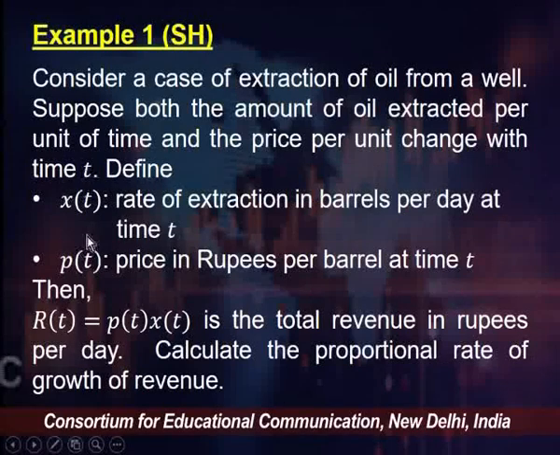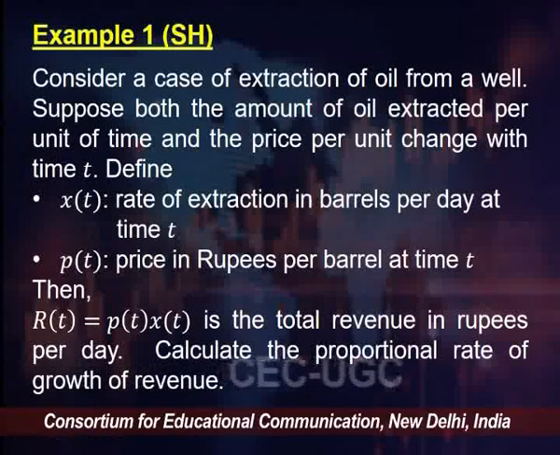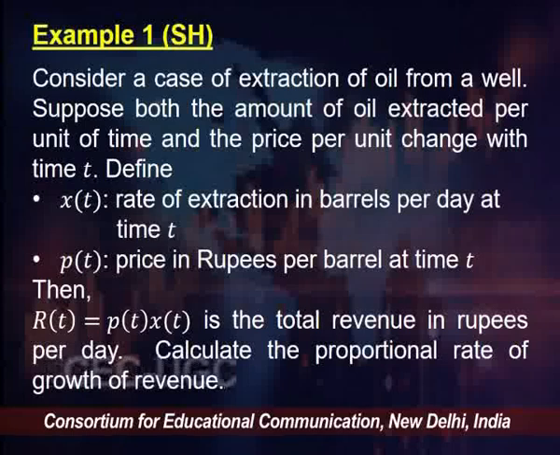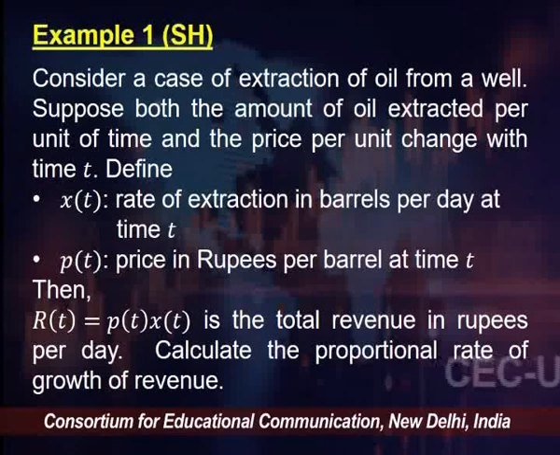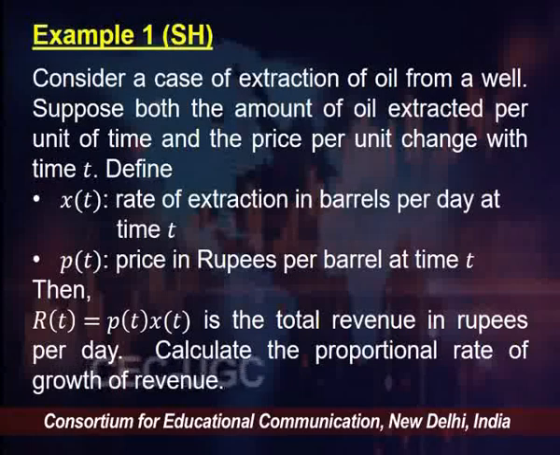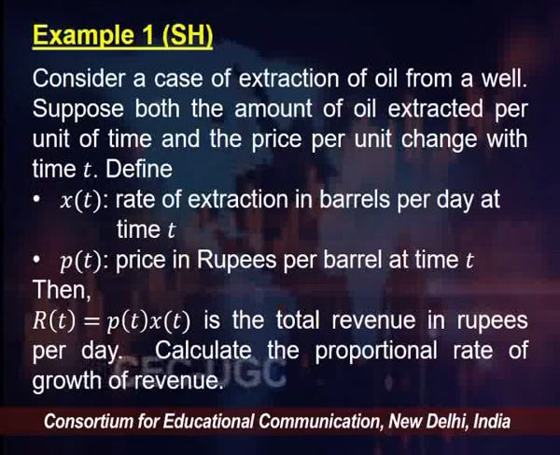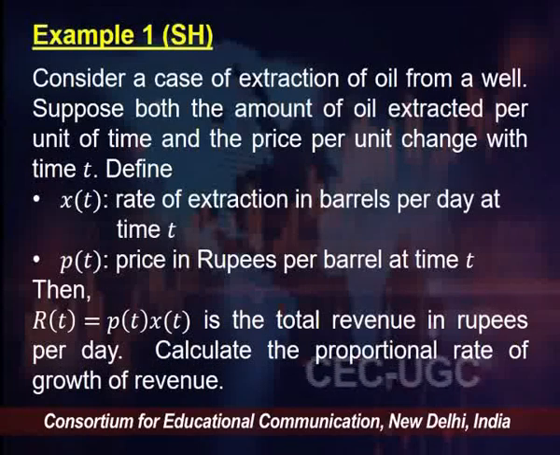So let us define x of t as the rate of extraction in barrels per day at time t, and let p of t be the price in rupees per barrel at time t. Then the total revenue for this oil extraction firm is R of t equal to the price times the quantity, so price p of t times the rate of extraction x of t. That is the total revenue in rupees per day.